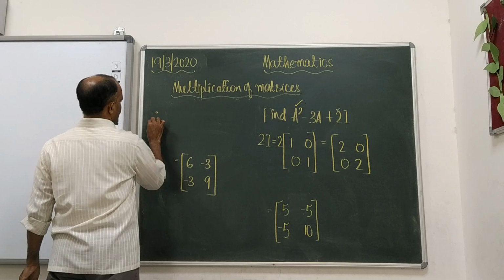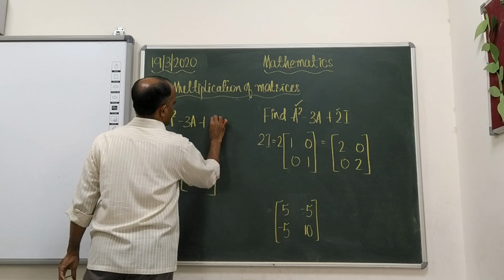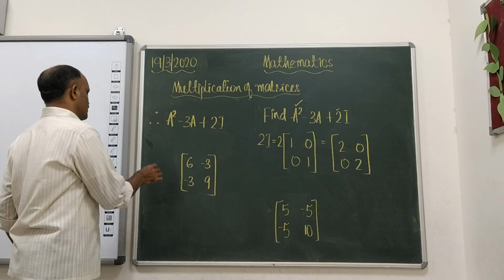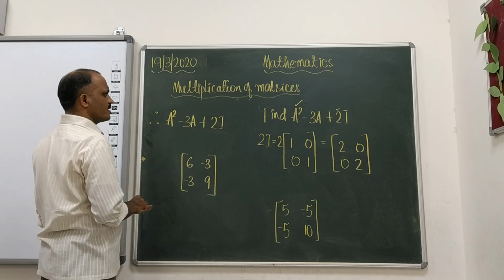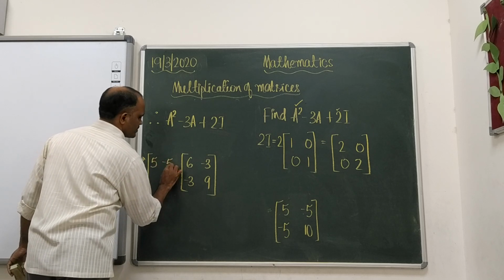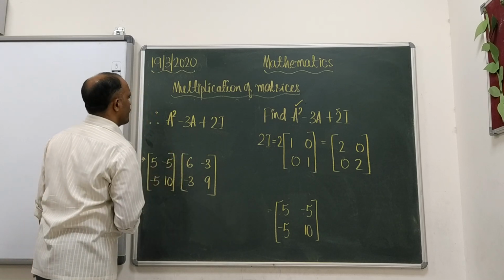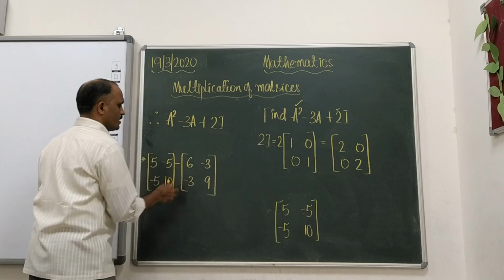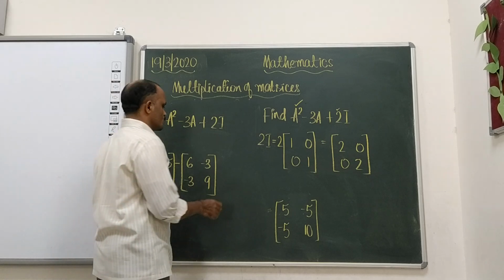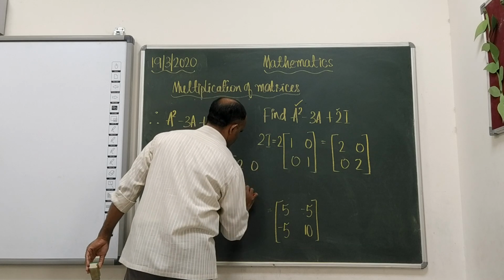So we are finding A square minus 3A plus 2I, which implies A square is 5, first row minus 5, then second row minus 5 and 10, minus 3A, which is already there, 6, minus 3, then minus 3, 9, then plus 2I, which we have found here as 2, 0, then 0, 2.